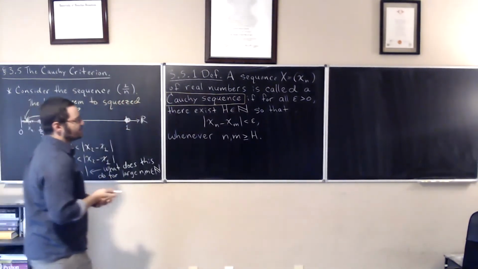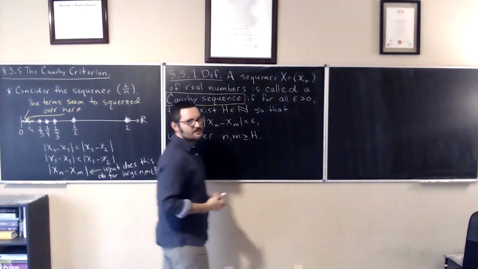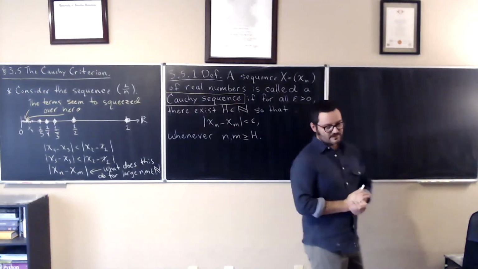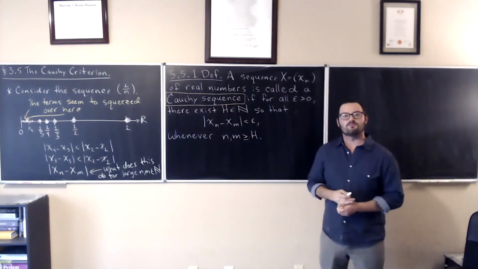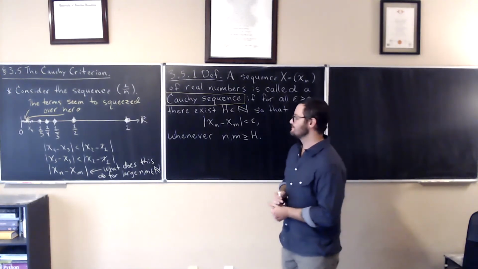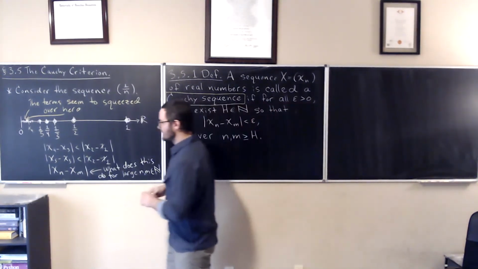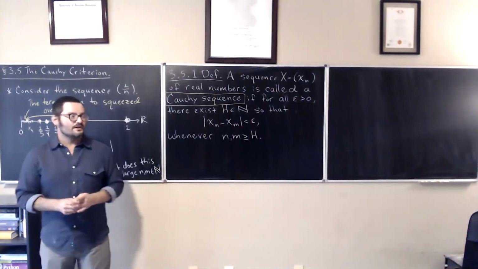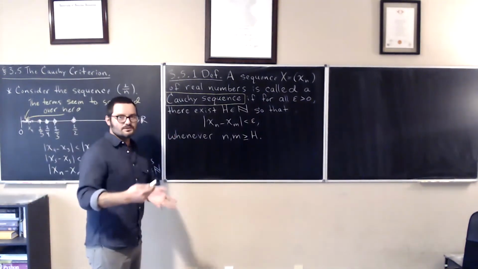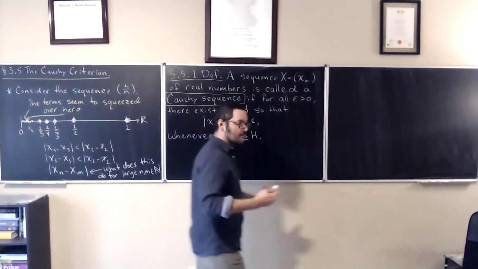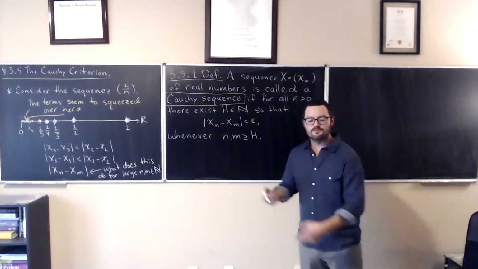And when you start studying what are known as metric spaces and the idea of a compact space or even a complete space. These are things that are well above what we're covering in this class, but this definition is fundamental to those fields of study.